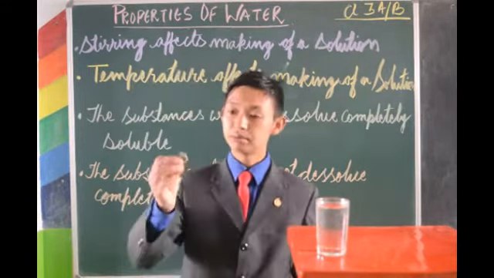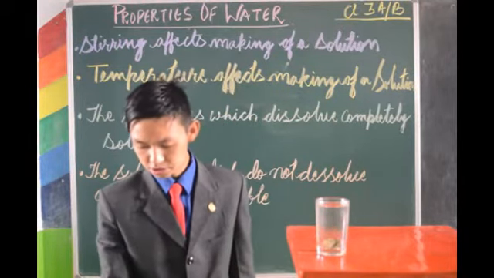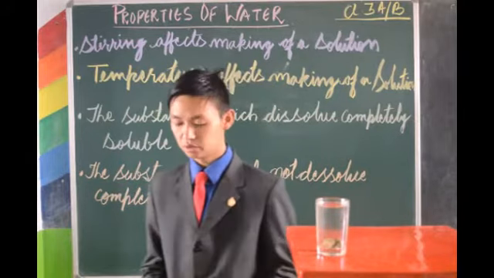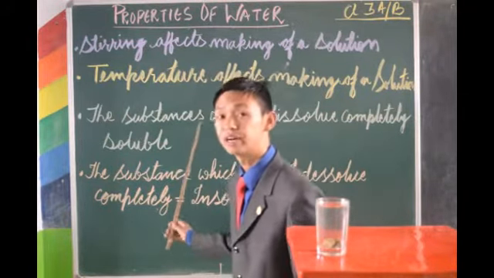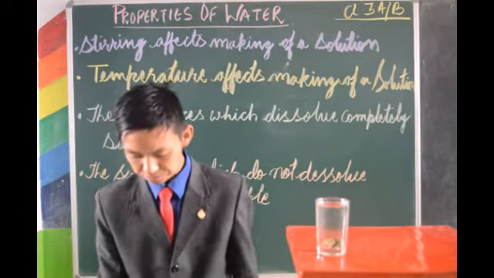This type of substance is called an insoluble substance. So the substances which dissolve completely in the water are called soluble substances, and the substances which do not dissolve completely in the water are called insoluble substances.